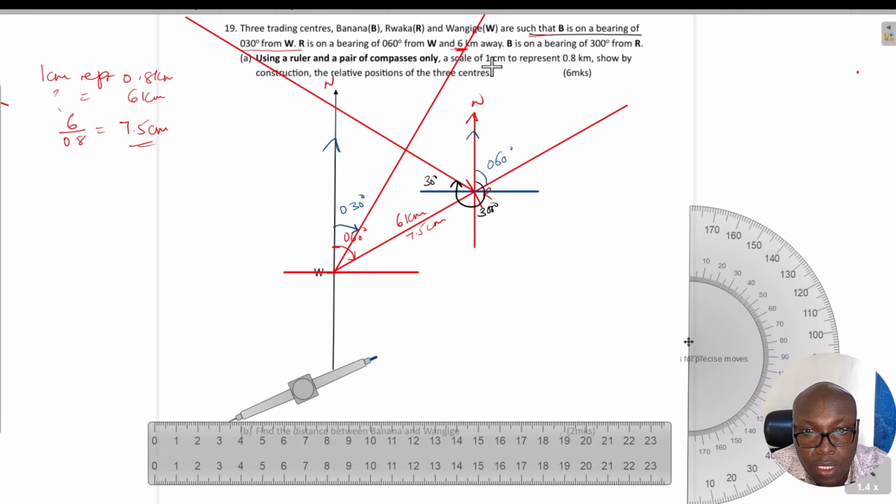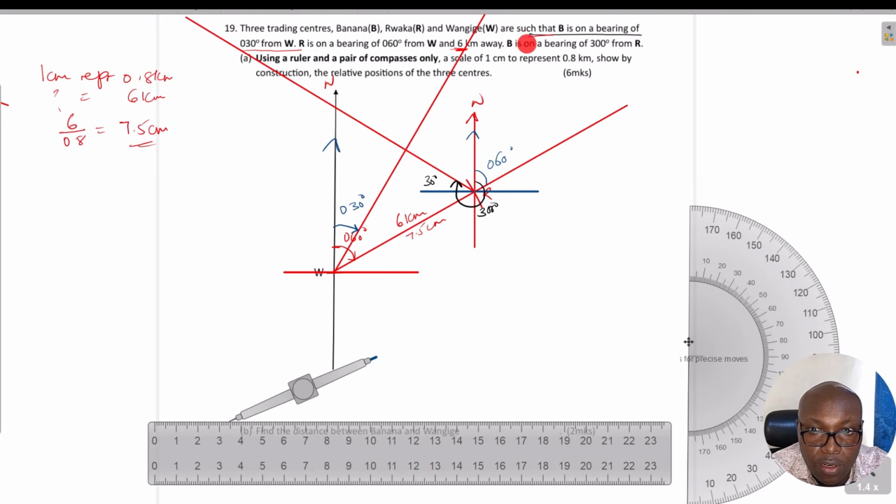And then B, the same B, is on a bearing of 300 degrees from R. So B will be located on this point here. From this statement, B is on a bearing of 030 from W. We've given that, so it is this particular line here.